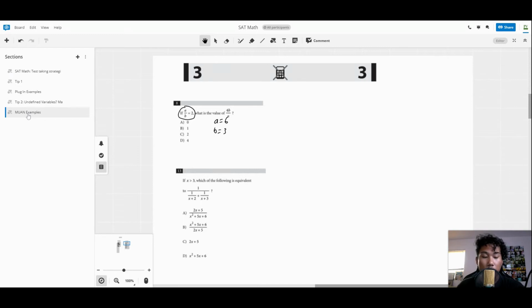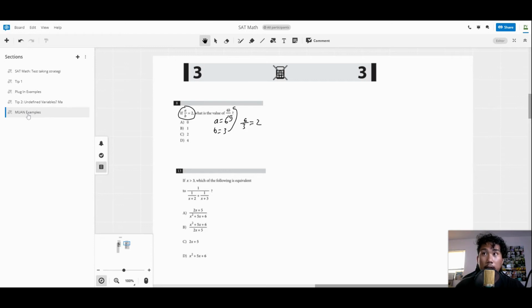And we can go ahead and check that if I have 6 over 3, that does give me 2. So that's correct. And so what I can do there is use these two values, use that 6 and use that 3, and substitute it into this.